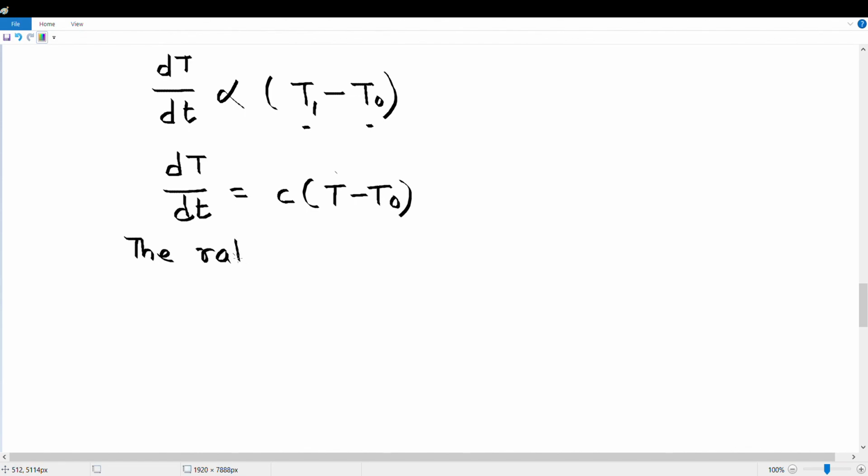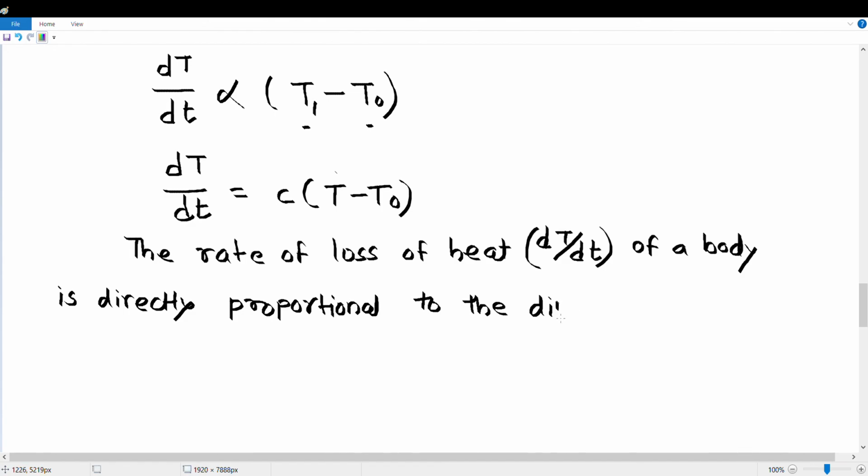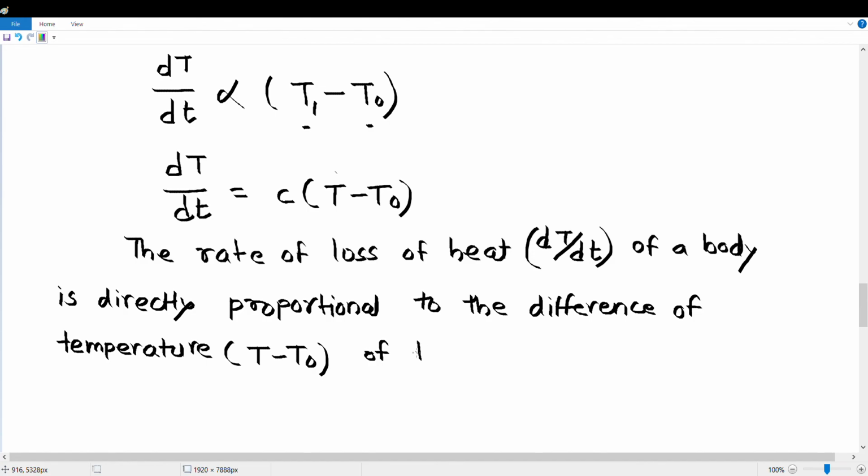Now let us see Newton's law of cooling. The rate of loss of heat, dT by dt, of a body is directly proportional to the difference of temperature, T minus T0, of the body and the surrounding.